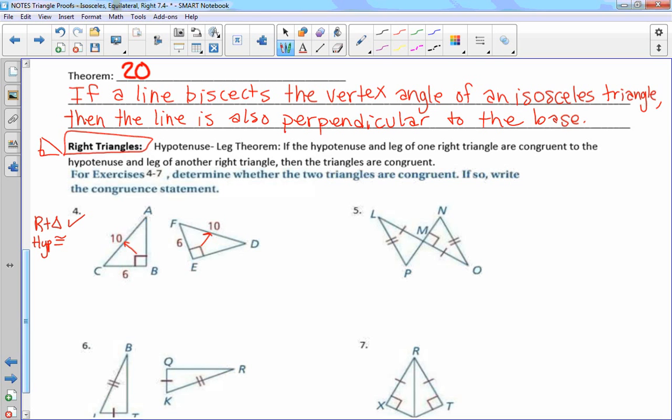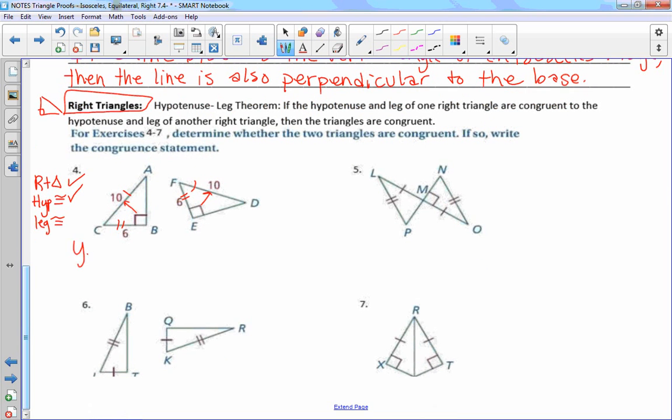So are they congruent? Yes. Congruent. Next is the leg that is congruent. Corresponding leg. 6, and if I rotate this one, 6. So are these congruent? Yes, and then I want to look at a triangle congruency statement, which means name them and make sure you're correct on the order.